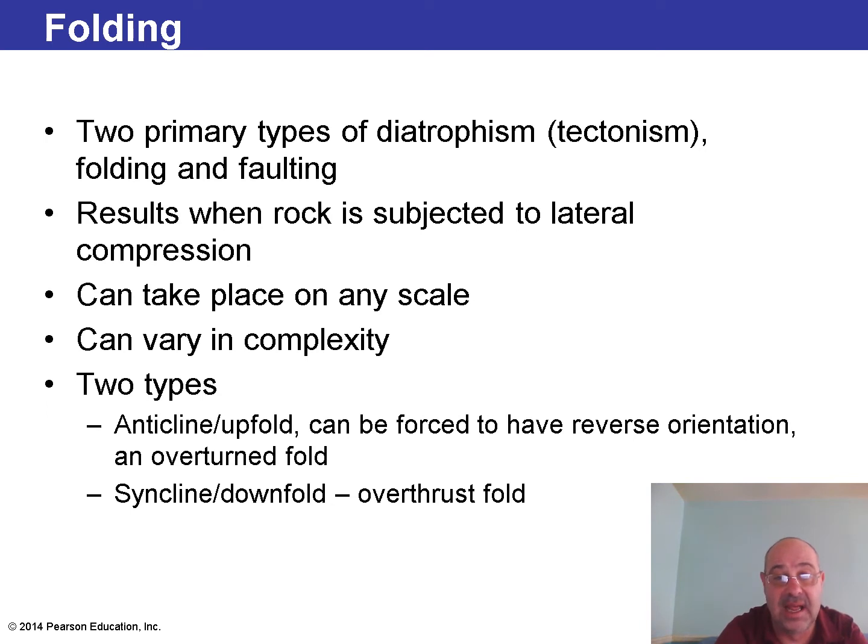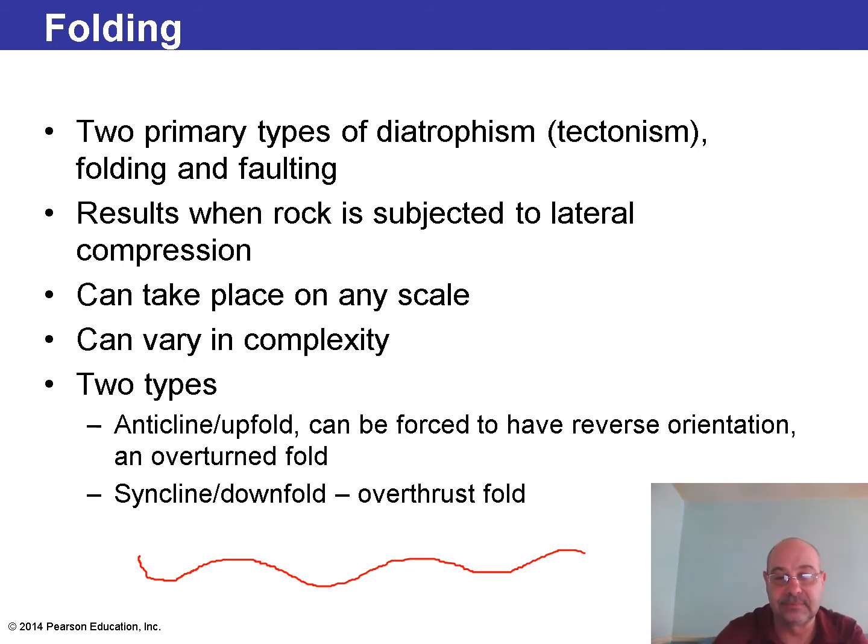It can vary in complexity, and there's two types: anticline, an upfold, and syncline, a downfold. So kind of like our crests and troughs of waves when we were talking about incoming solar radiation, whether it's gamma or whatever, short wave versus long wave, we got anticlines and synclines like this. It causes a rolling or a warping.